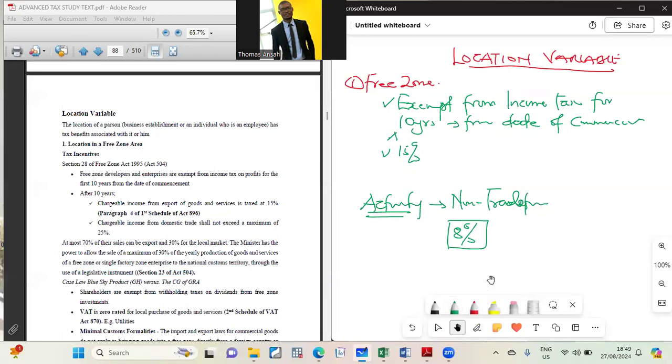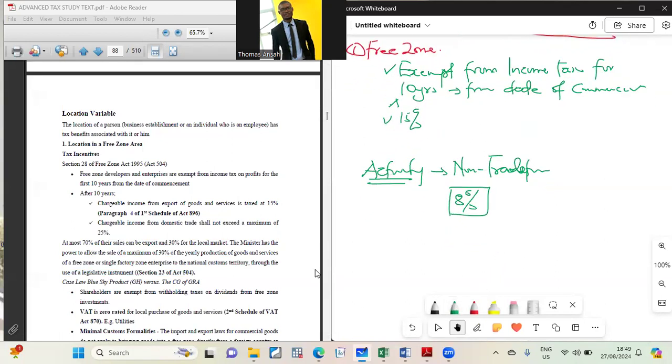Now look at this. A free zone developer, and this is a tricky question, so let's see what you think about it. After 10 years, a free zone developer is in non-traditional export. We said that income tax from his export is 15%, while non-traditional export activities pay 8%.